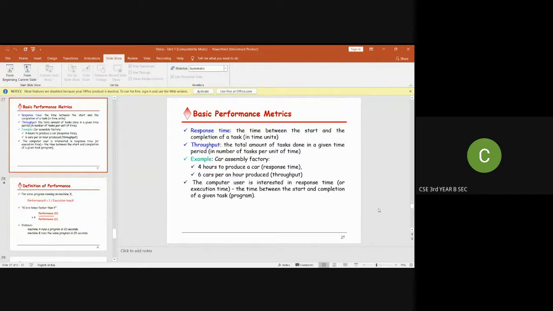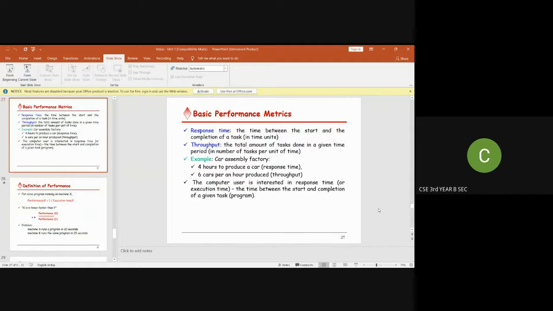For example, here is a car assembly factory which produces a car in 4 hours. So in order to produce a single car, it takes 4 hours. This is the response time.